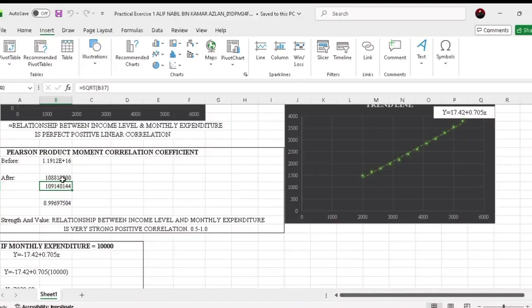Now, we have both values, so we need to divide both, and we get this value. Now, for the strength: the relationship between income level and monthly expenditure is a very strong positive correlation, as it is from 0.5 to 1.0.